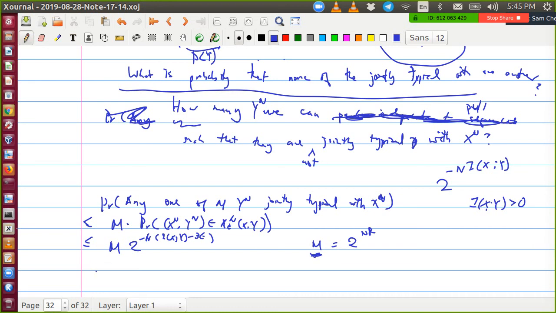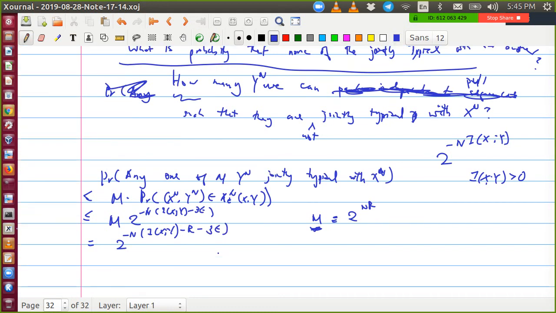If we set that, then this will be equal to 2 to the minus n (I(X;Y) minus r minus 3 epsilon). What is r there? I just redefined m as 2 to the nr, so r is just equal to log m over n.